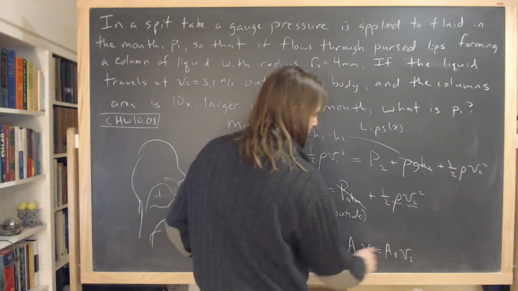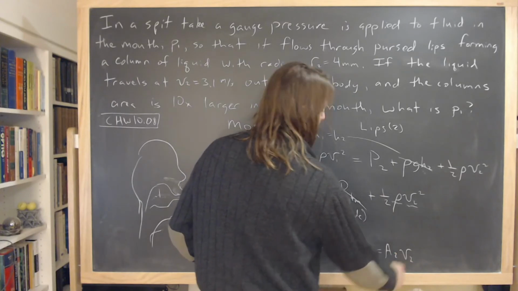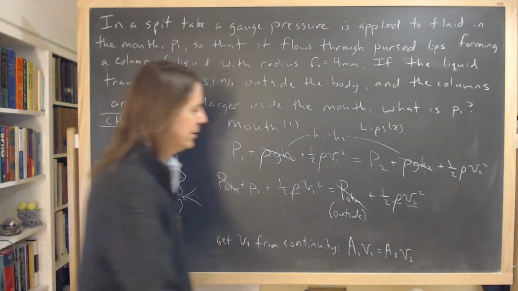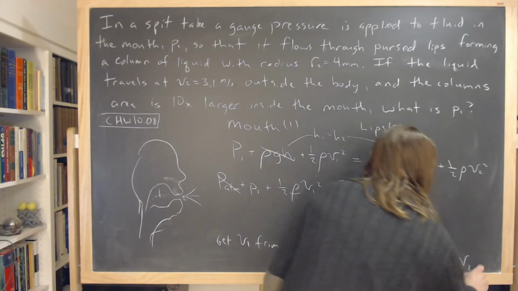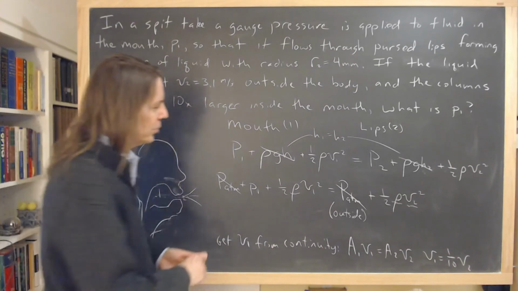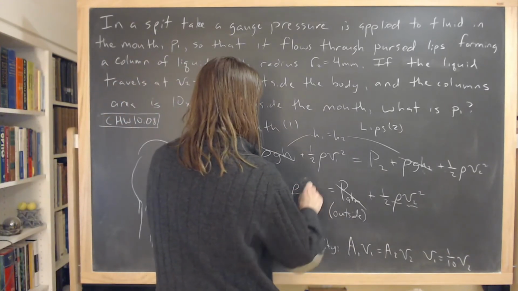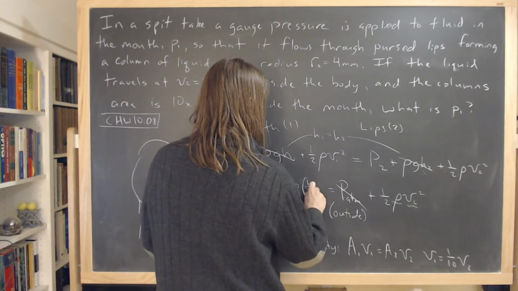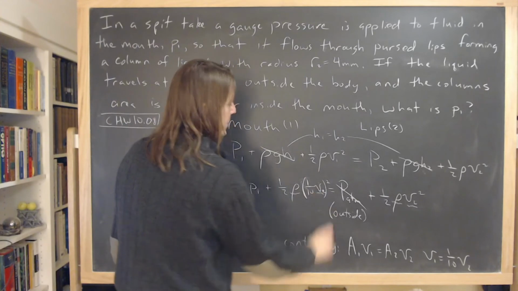Okay, so A1 over A2 is 10, so V1 is 1/10 of V2. So what we could then do is go in here and say 1/10 V2 squared. And then now we know V2.